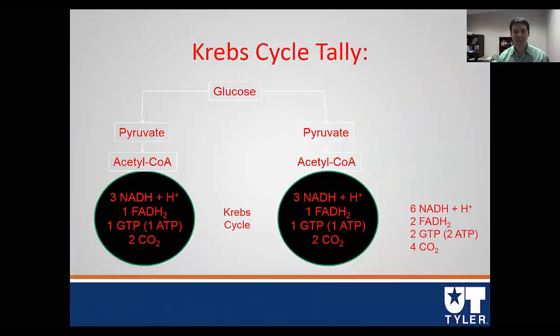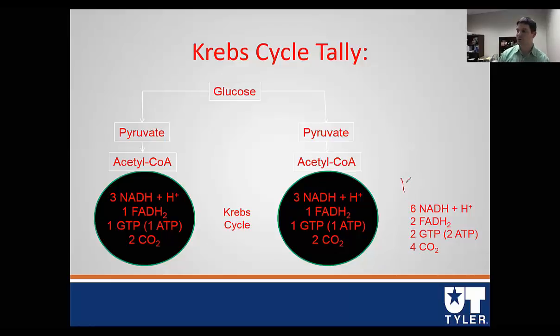If we specifically look at the Krebs cycle tally so far, here's what's happened in the Krebs cycle. Remember, glucose to pyruvate, 2 acetyl-CoAs then feed into the system. Each will generate 3 NADH, an FADH2, 1 GTP, which is ultimately substrate phosphorylation and creates an ATP, and 2 carbon dioxide molecules. And again, since we split glucose in half, we get 2 of these.